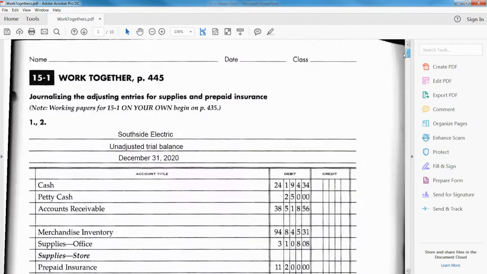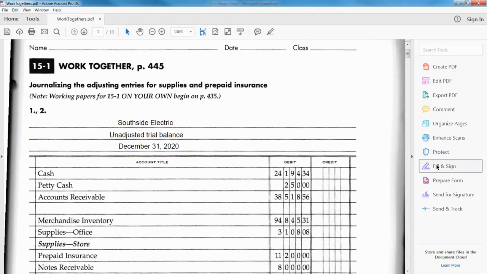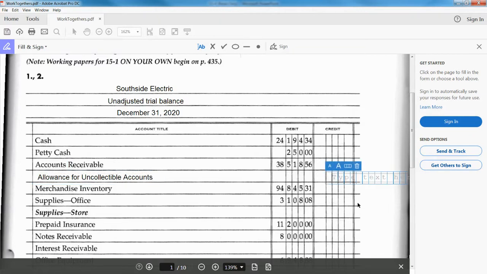So go back to our unadjusted trial balance. And we've got to write in the account name. So allowance for uncollectible accounts, and it had a credit balance of $48.67. So $48.67 is our account balance for allowance for uncollectible accounts.